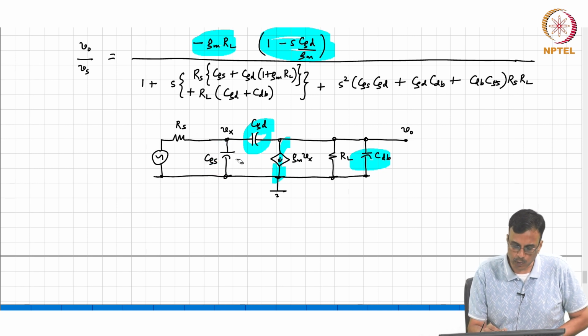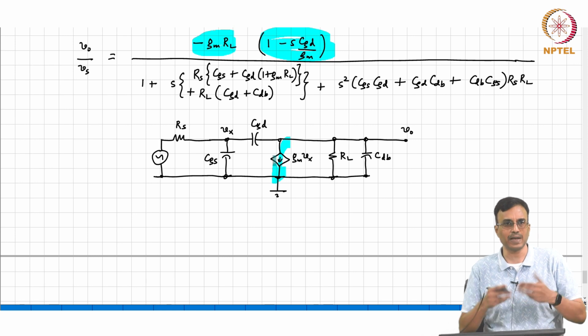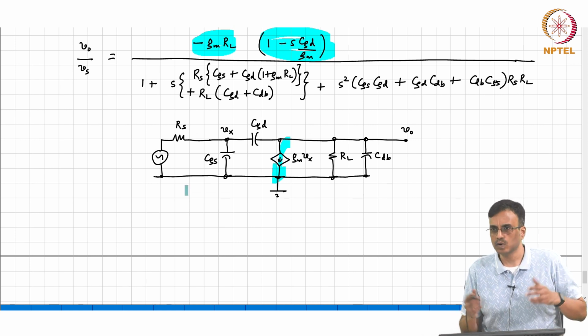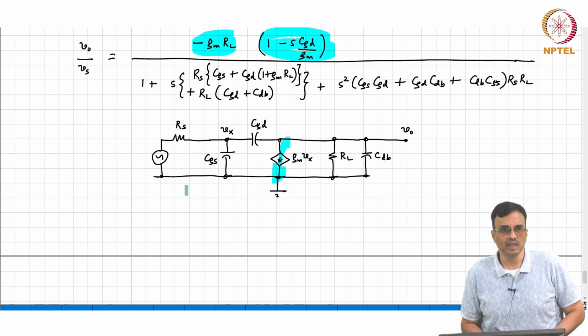So another way of thinking about low frequency is basically the frequencies at which the capacitor currents are very small compared to the currents in the frequency independent branches, right? In this case, resistors and the control source GMVX.